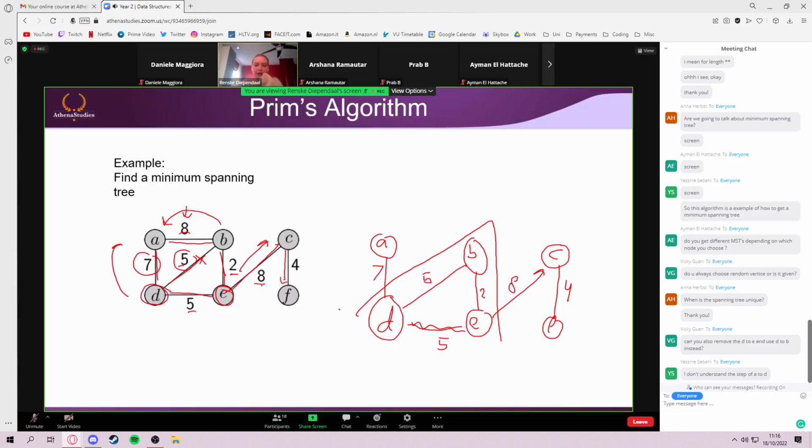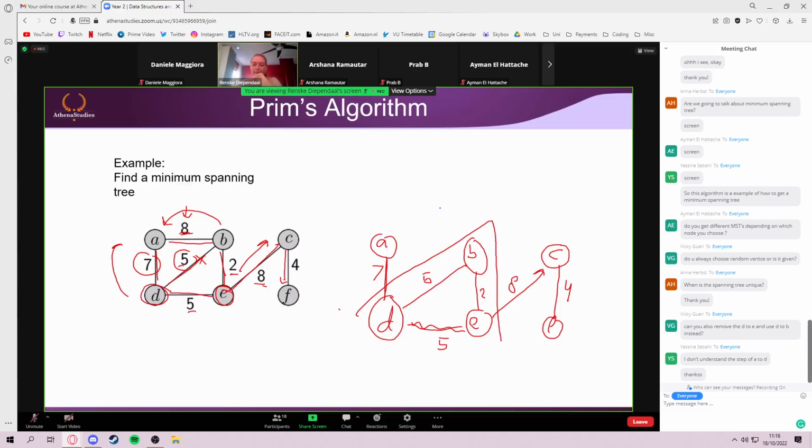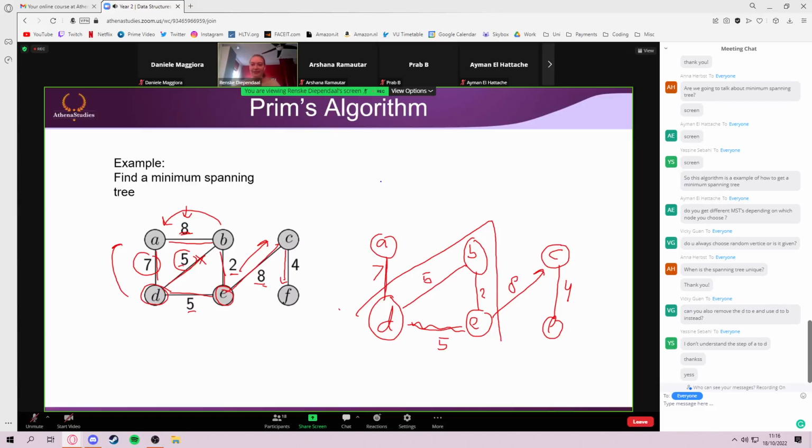So we could either have 8 or 7. So 7 would be the next shortest path, and we choose this one. Does that make sense? Yes, all right. Great.